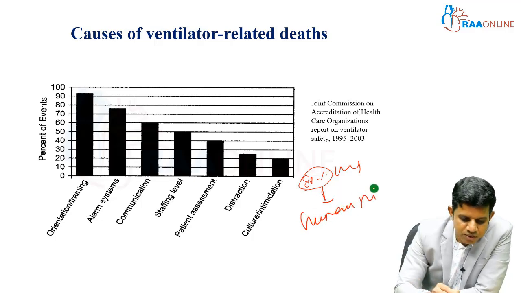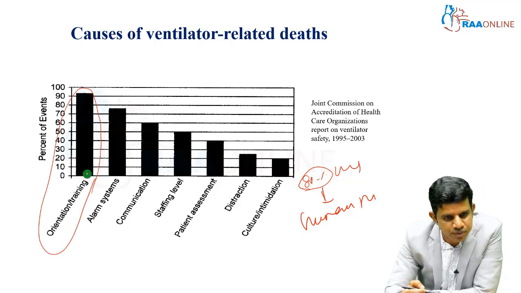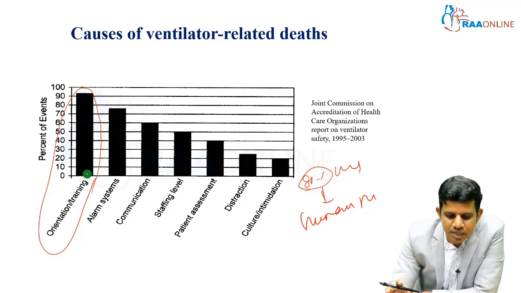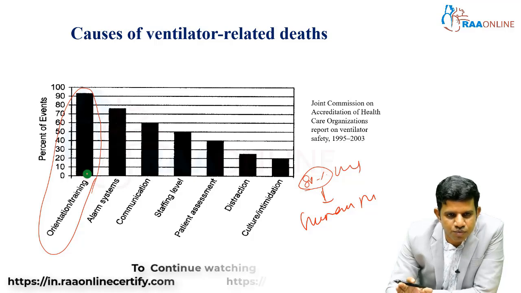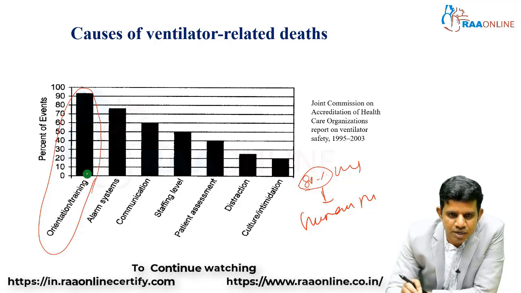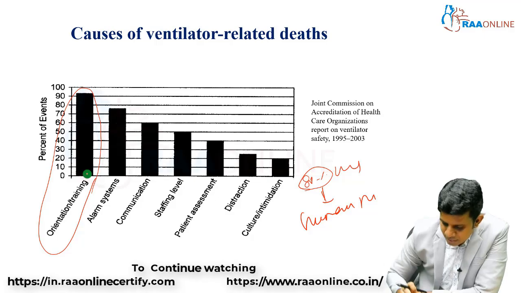In that human error, it is predominantly contributed by the orientation and training of healthcare workers about understanding the ventilator. We are very poor in understanding ventilatory waveforms. So understanding the ventilatory waveform is very important to prevent ventilator-related deaths.